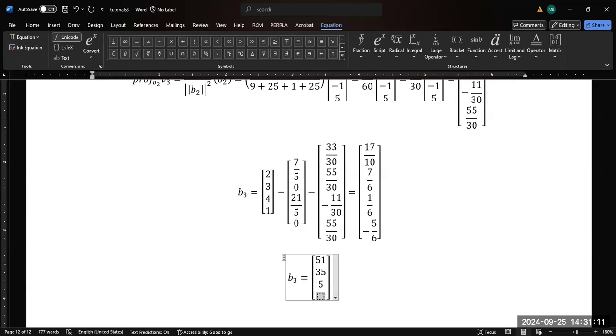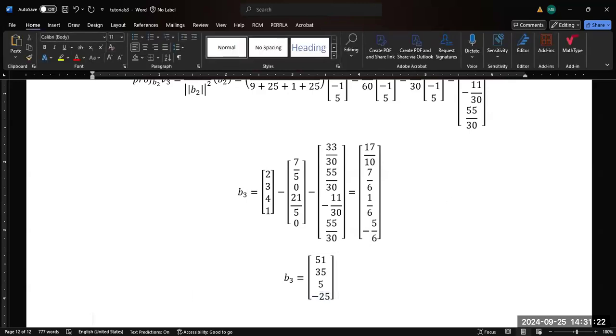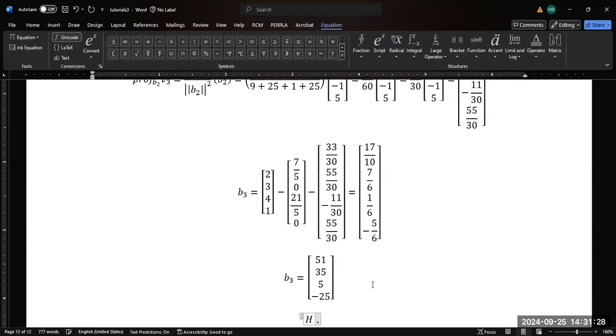And then negative 5 divided by 6 times 30 is going to give me negative 25. And I should be able to see that this vector is orthogonal to my other vectors. So let's put them all together and see.